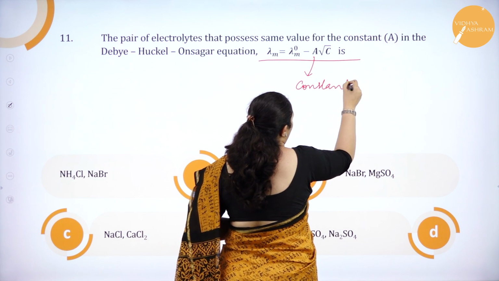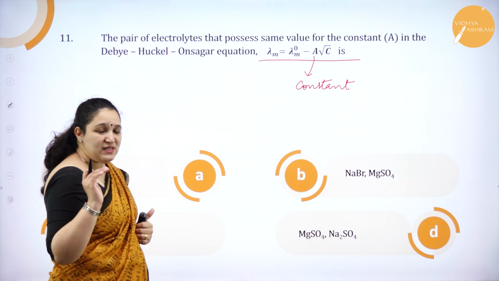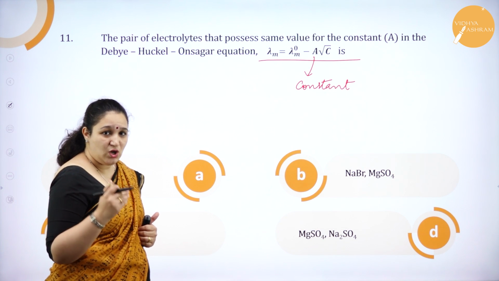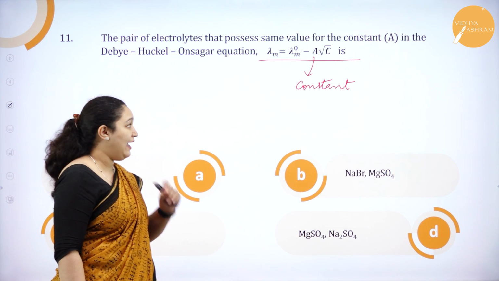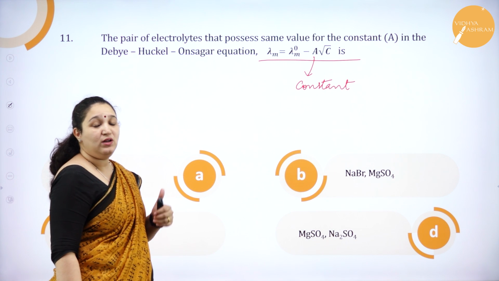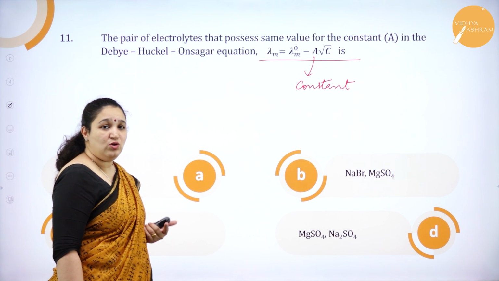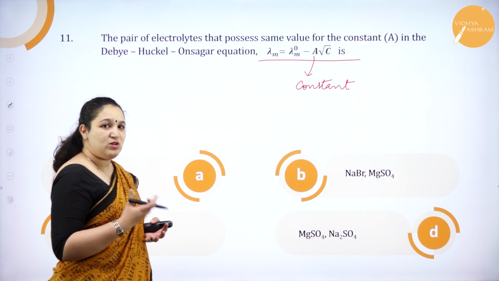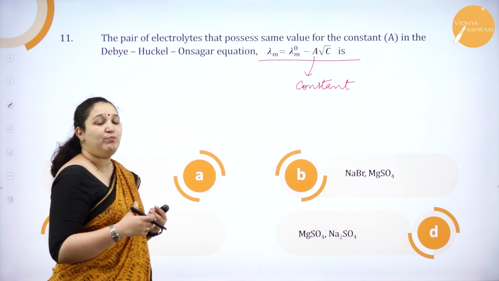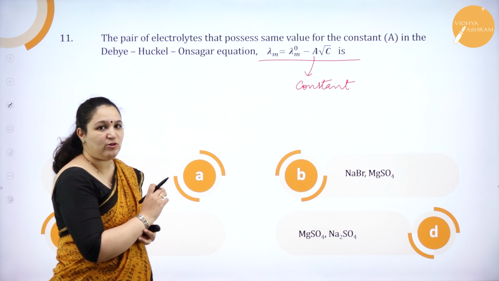This is actually a higher level question. What is A? A is a constant which actually depends on the nature of the solvent, temperature, and also the type of cations and anions produced, that is the type of electrolyte, which type of electrolyte it is.